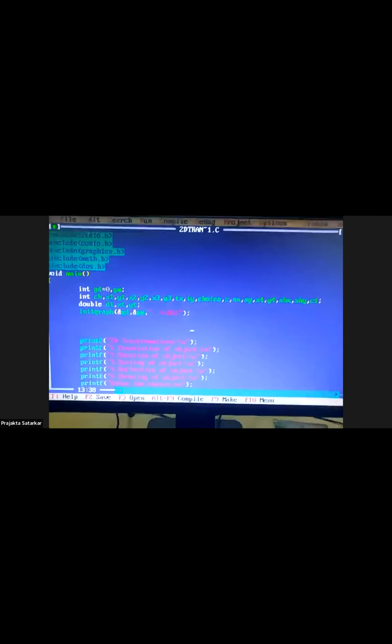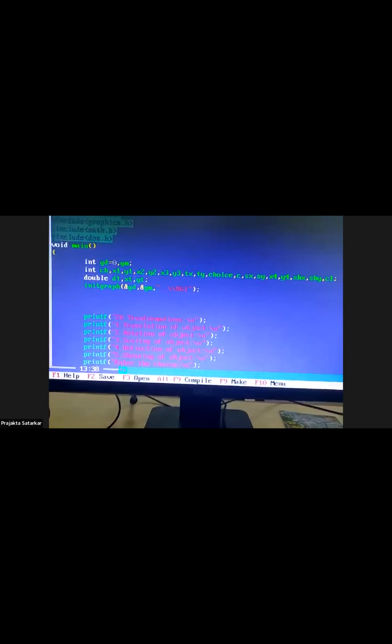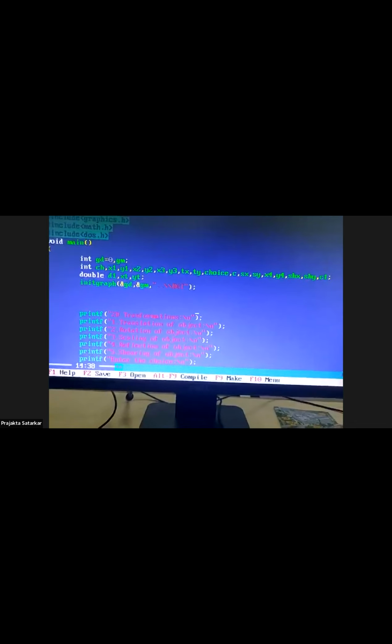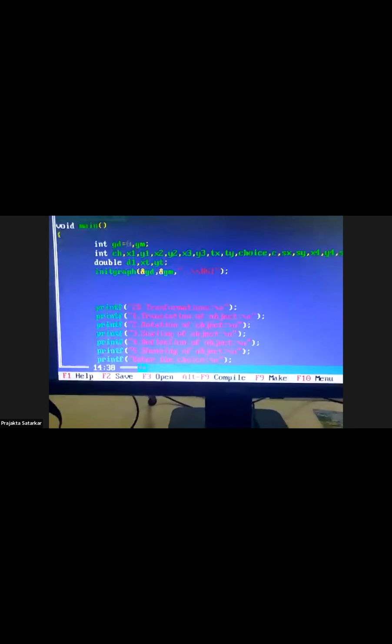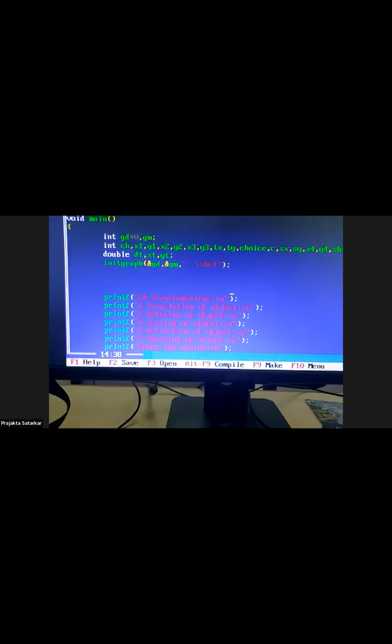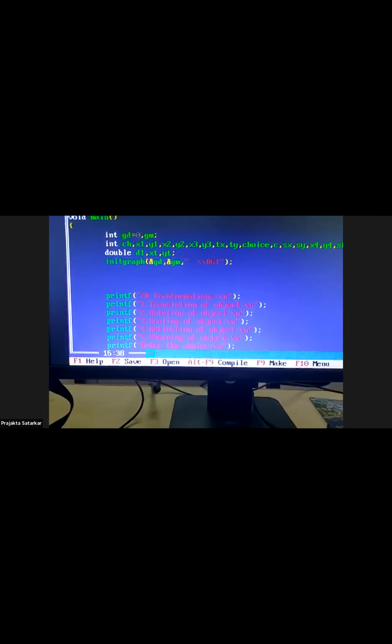And then I am having here the menu to display, that is the 2D transformation in my program. And I am having a total of 5 transformations with me. First is translation, second is rotation, third is scaling, fourth is reflection, and fifth is shearing.